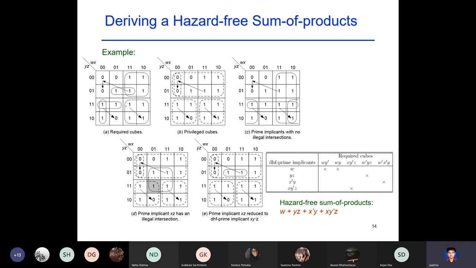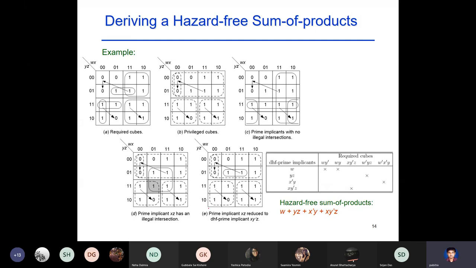In the first figure, A, all the cubes that we have drawn are required cubes, because they cover the adjacent things. In B, with the dashed lines, we show the privileged cubes. And in C, all the prime implicants with no illegal intersections are shown. These prime implicants are DHF, they do not have an illegal intersection.